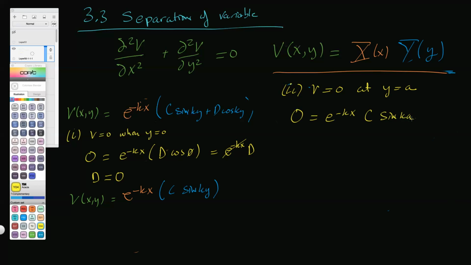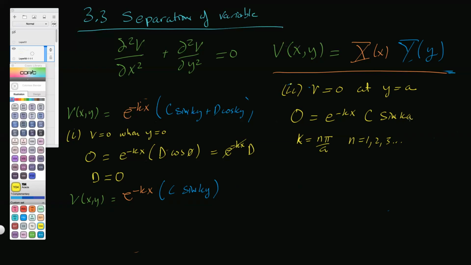If k is equal to n pi over a, where n is 1, 2, 3, and so on, we'll be good. Because then we would have sine of n pi y over a. So when y is a, it'll just be sine of n pi, which is 0, always.